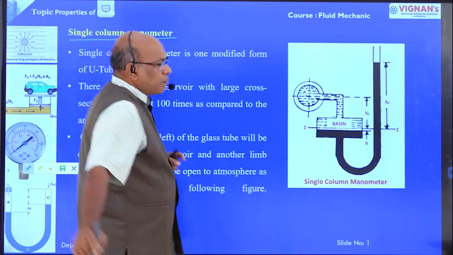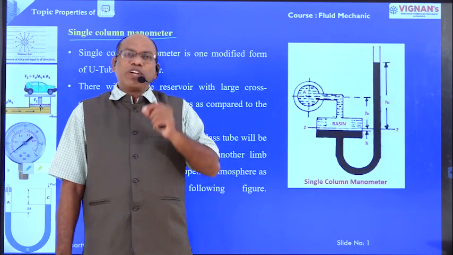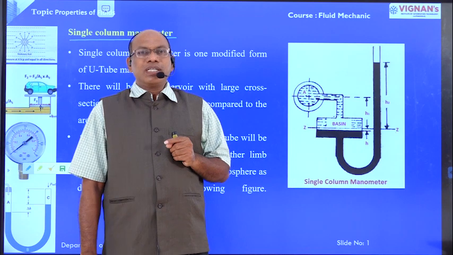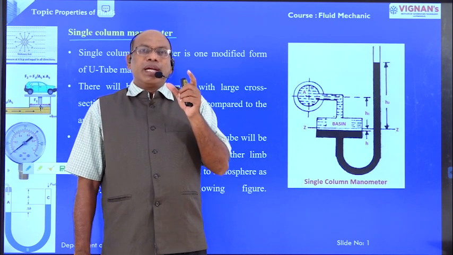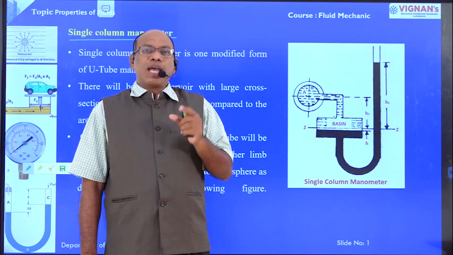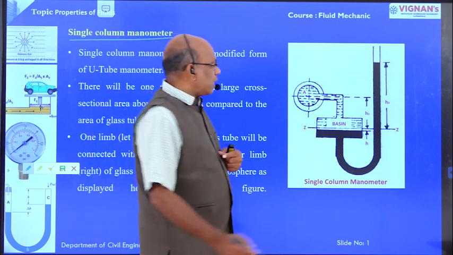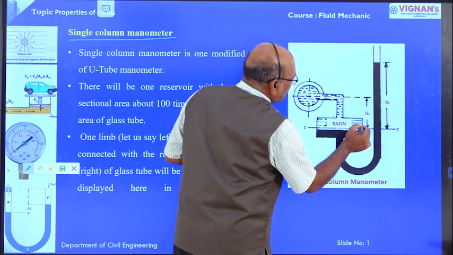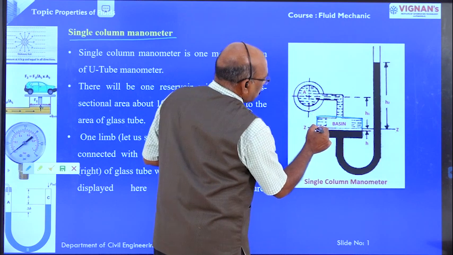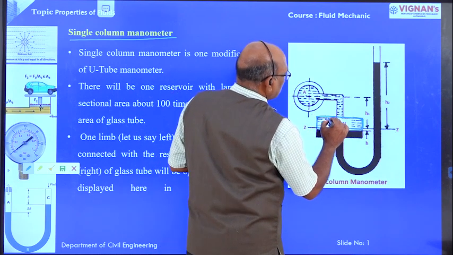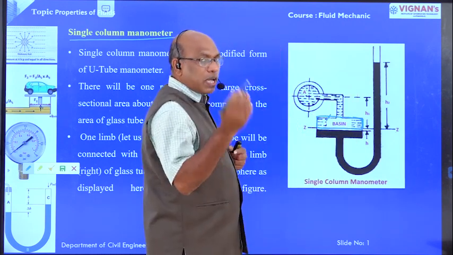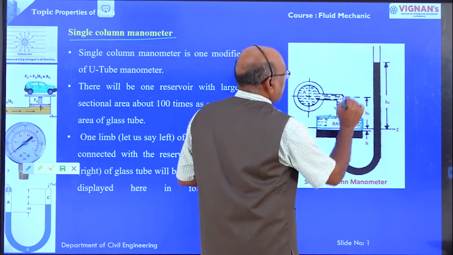Right, single column manometer is the modified form of the U-tube manometer. Here only a tank is provided in the left limb as compared with the U-tube manometer. A large cross-sectional area reservoir is provided here. The cross-sectional area of this reservoir is 100 times the cross-sectional area of the pipe.